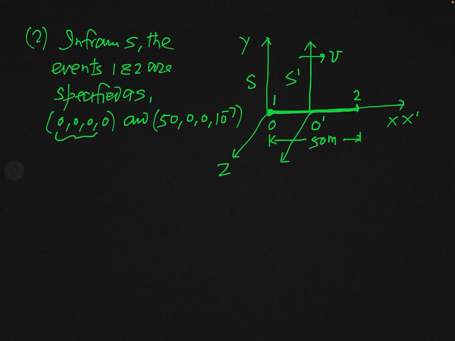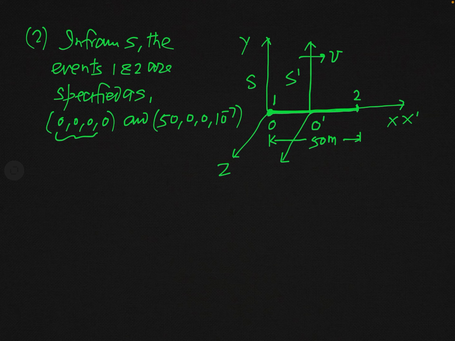I have not mentioned here second, here meter, but this is 10 to the power minus 7 second and this is 50 meter. So these are actually the specifications of the first and second event as observed by the observer O of inertial frame S.